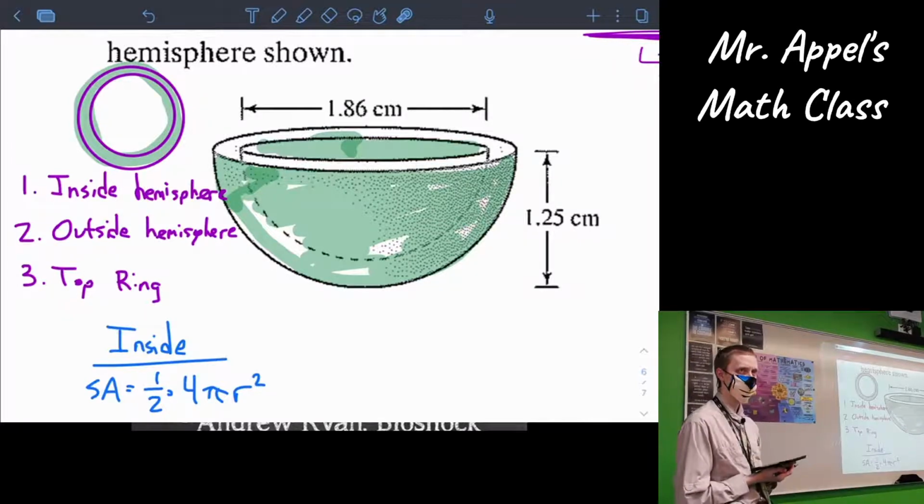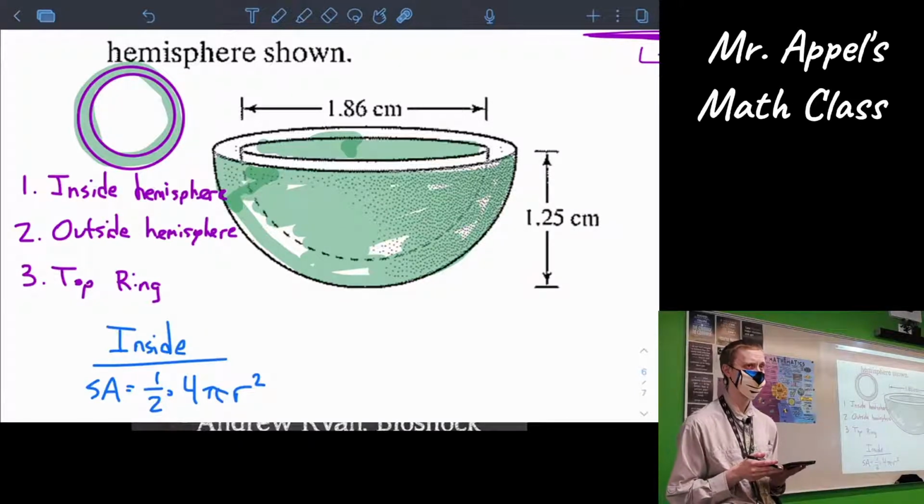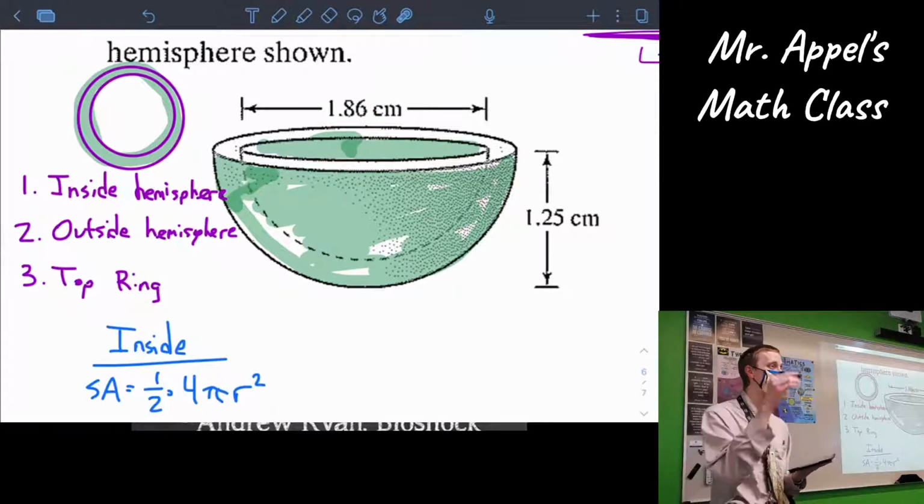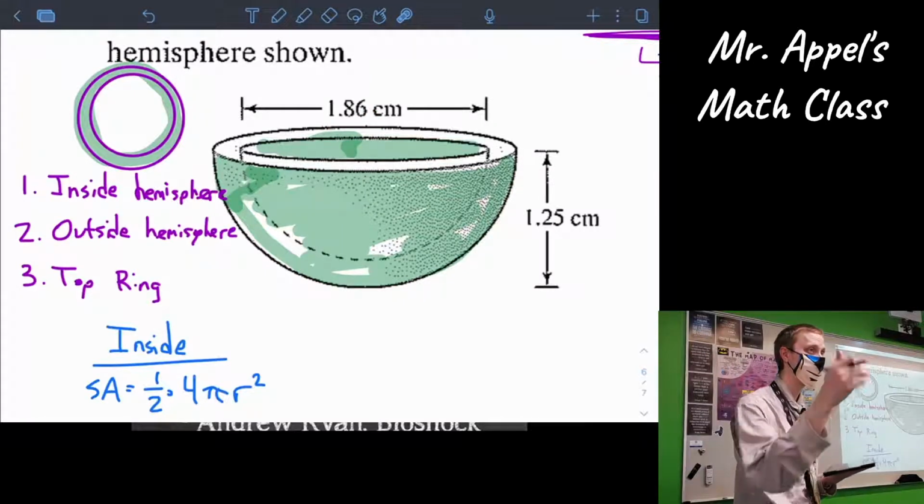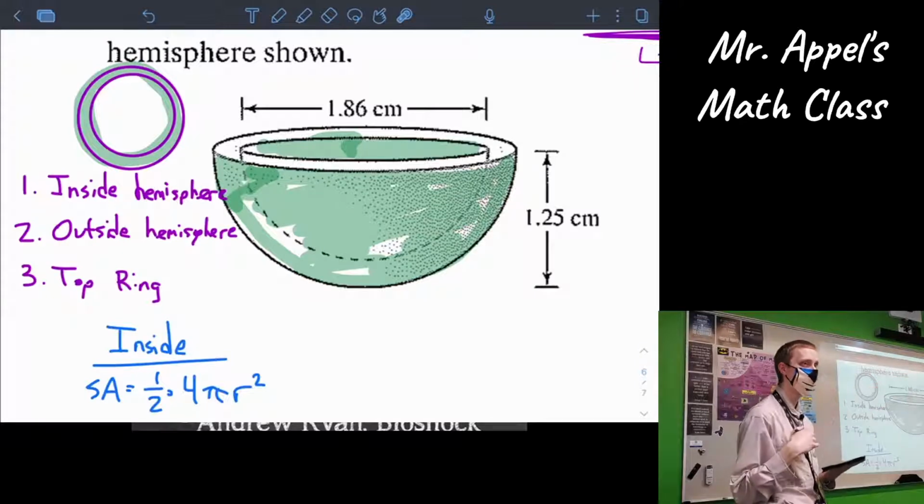Angel, do they give us the radius? No? But they give us something, right? What do they give us? The 1.86. Yeah, which is not the radius, but it is the diameter. So we can find the radius. Agreed?